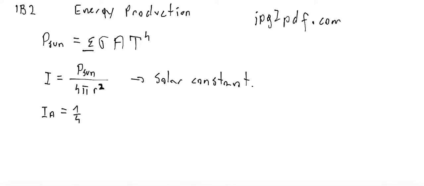The area of a sphere is 4 pi r squared, the area of a circle is pi r squared, so the factor is 1 over 4. Of course, we have to subtract the part of radiation which is reflected or scattered, the albedo. We calculated the intensity absorbed by each square meter of the Earth, and by using energy balance, that absorbed intensity is equal to the emitted intensity.